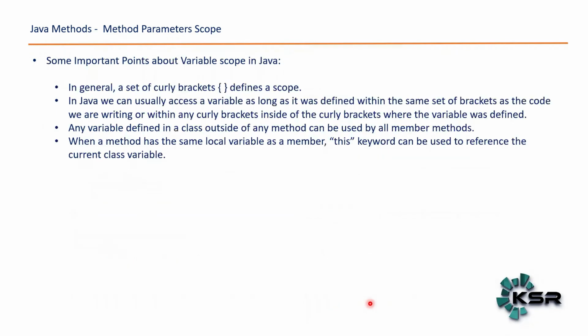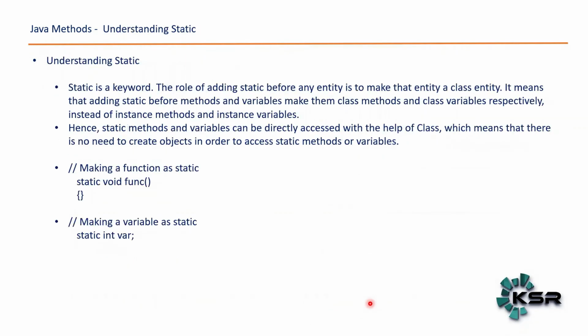Right now, we are understanding the static keyword, which is very important, and we normally use it a lot. The role of the static keyword before an entity is to make the entity a class entity. It means adding static before a method or variable makes them class methods and class variables respectively, instead of instance methods and instance variables.